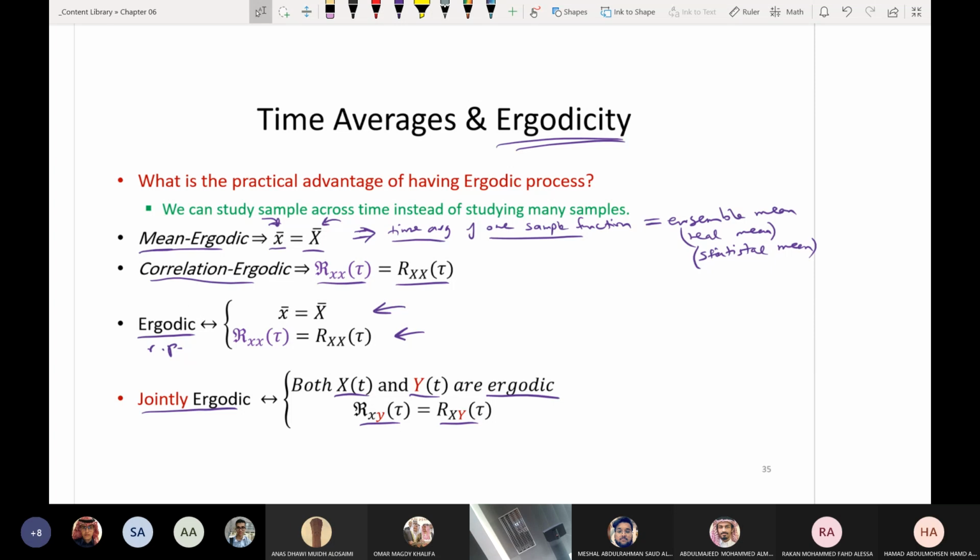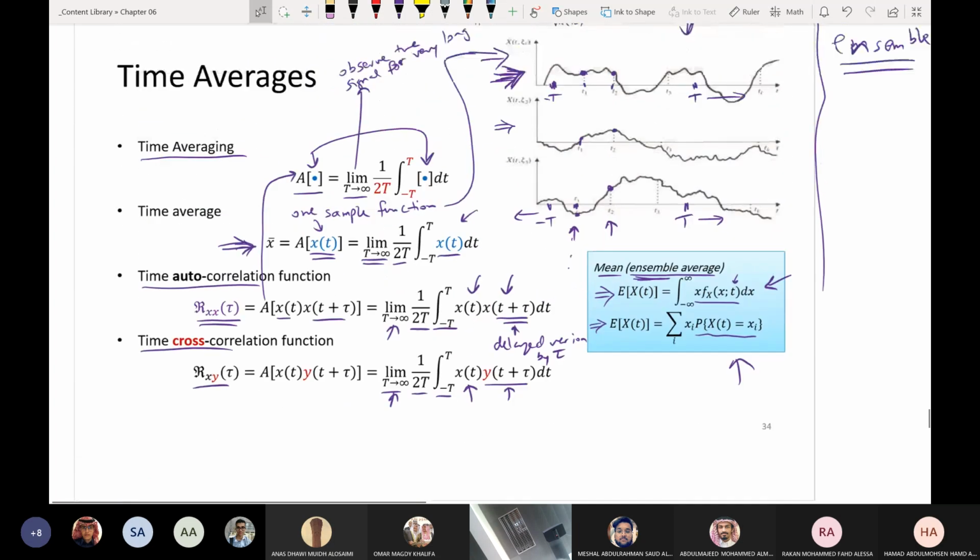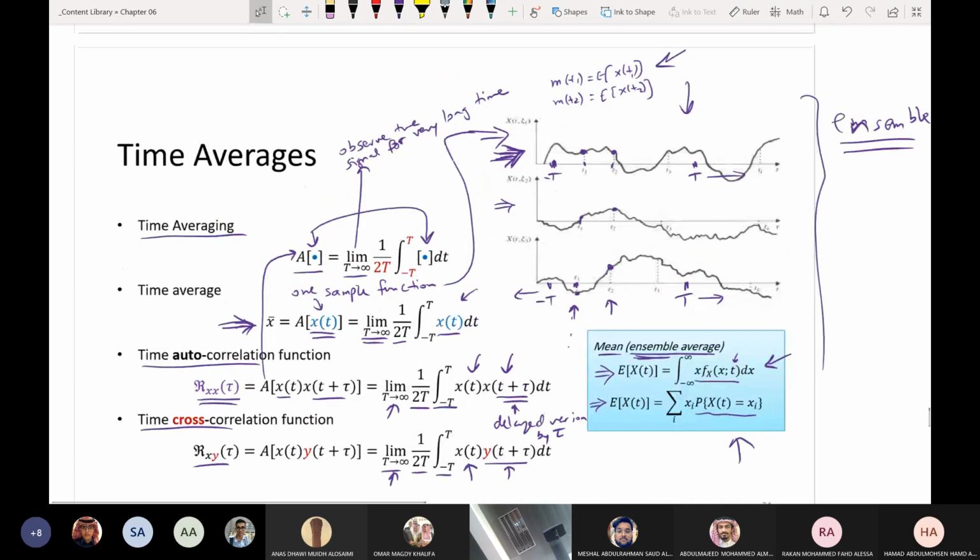طبعا why is this important? Ergodicity is very important and it is there in many physically encountered random processes. Why is it important? Because مثلا خلينا نتكلم على الموبايل فون, basically measuring the received signal of the mobile phone.